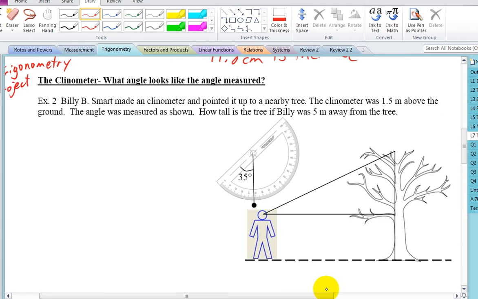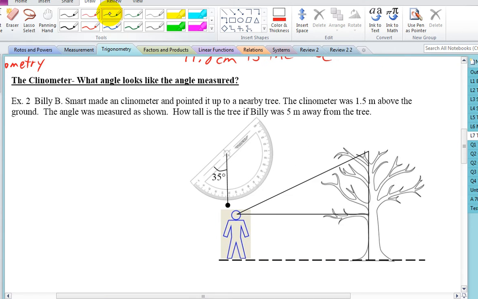One thing to note is that this angle right here, 35 degrees, does not look like that. It has nothing to do with that at all. This angle almost matches this one perfectly. That's what you're measuring. You're measuring the top angle. It doesn't even line up close there. So you have to know that that is where you're measuring. So this angle, 35 degrees, belongs at the top.